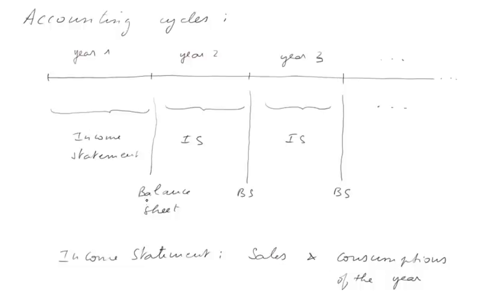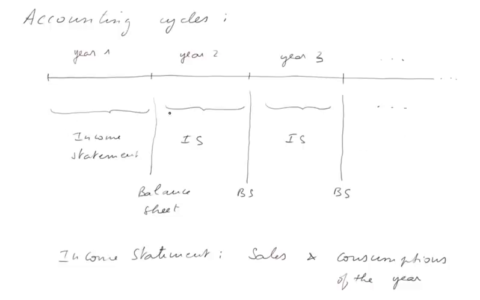And the balance sheet will be an organized presentation of what the firm owns and what the firm owes. Then, year number 2, there will be an income statement for year number 2 and a balance sheet at the end of year number 2. Same for year number 3, etc., etc.